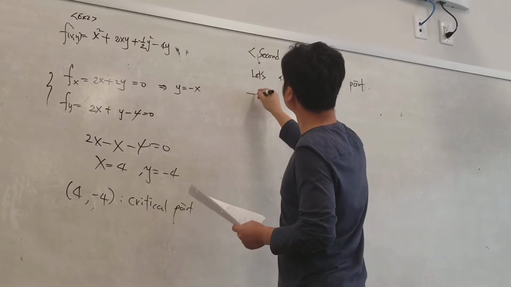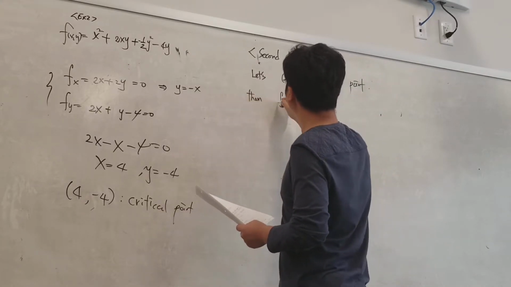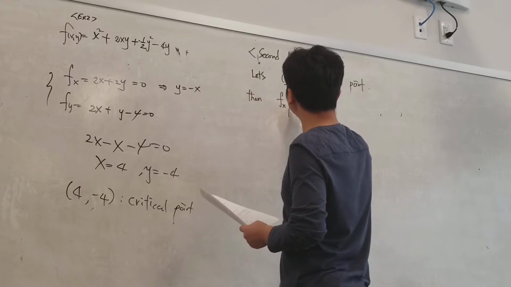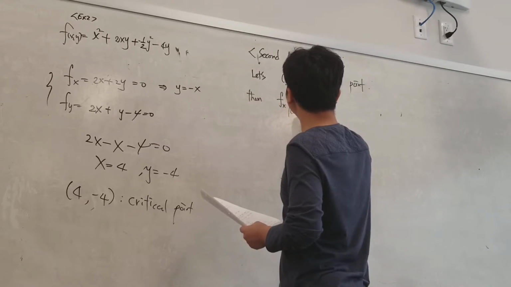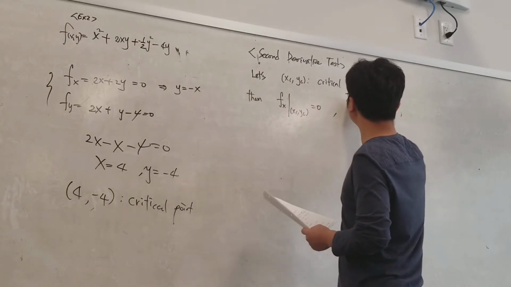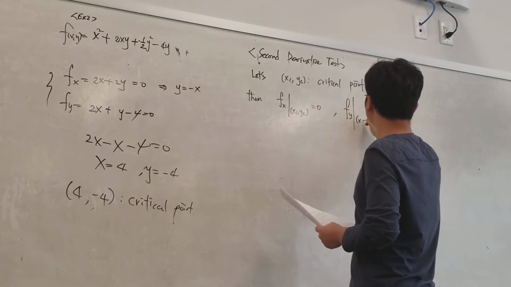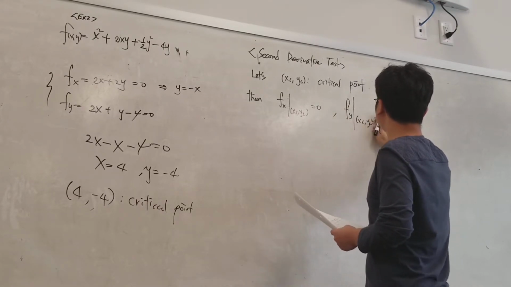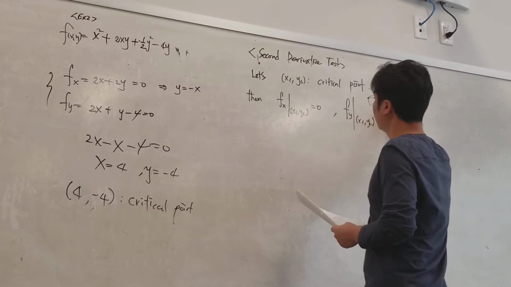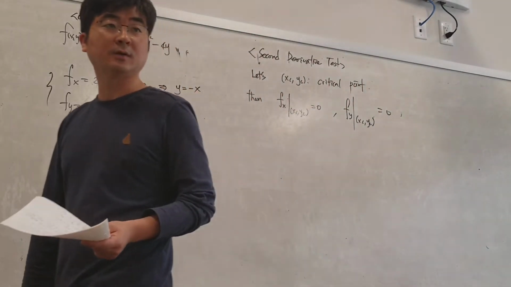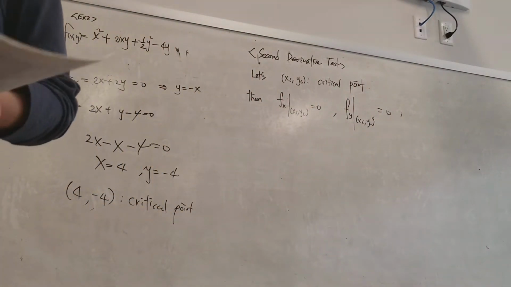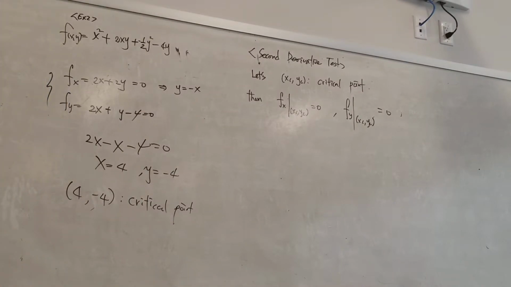Okay? And then what happens? f_x at xc, yc must be equal to 0, and f_y at xc, yc should be equal to 0. Right? Because this is a critical point. If you plug the critical point into each derivative, then it should be 0, because each derivative is equal to 0.